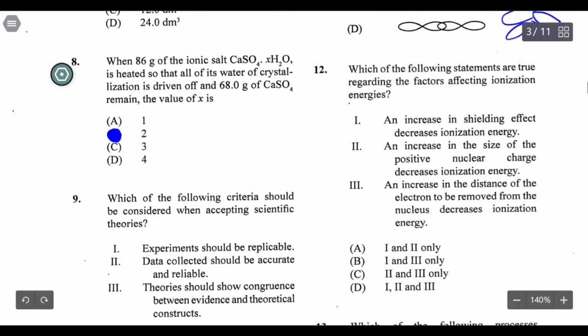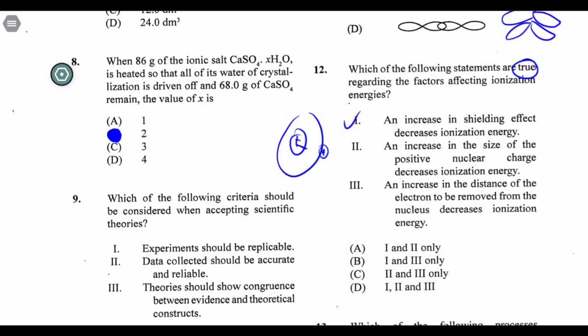Which of the following statements are true regarding factors affecting ionization energy? We're looking for the ones that are true. An increasing shielding effect decreases the ionization energy. That is true. Increasing shielding effects move the valence electrons further away from the positively charged nucleus, which weakens the force of attraction between the negative electrons and the positively charged nucleus.